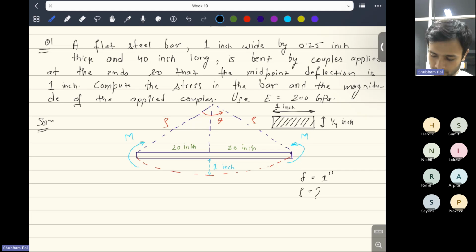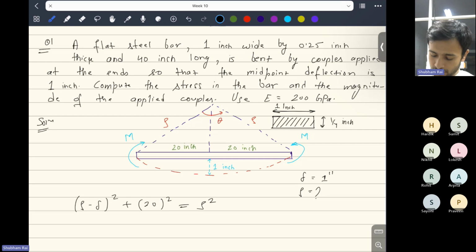If we apply Pythagoras theorem in this triangle, this will be the radius, and this is delta, so this side will be rho minus delta. So you will get (rho minus delta) whole square, plus base 20, so 20 square, equal to radius square, rho square.